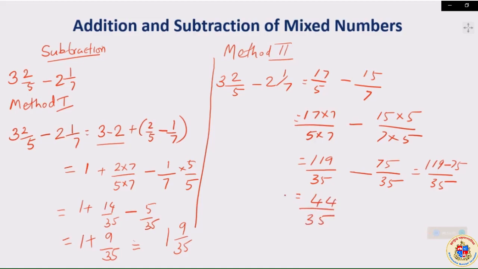We have to divide 44 by 35 now, and it becomes 1 and 9 balance, right? Okay, it becomes 1 and 9 upon 35. You got the same answer. That means in this way also we can do the subtraction of mixed numbers.